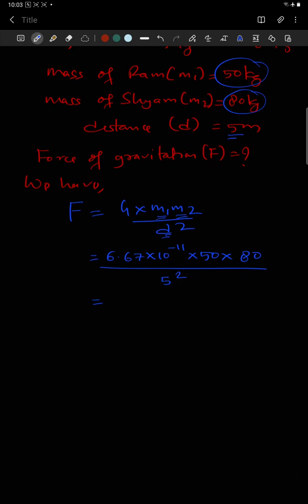Now I'm using scientific calculator to find the value. So I'm going to multiply the upper one, so 6.67 times 10 to the power minus 11 and multiply 50 and 80, means 50 times 80.